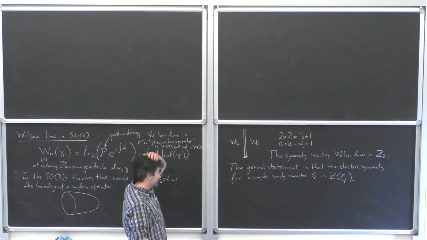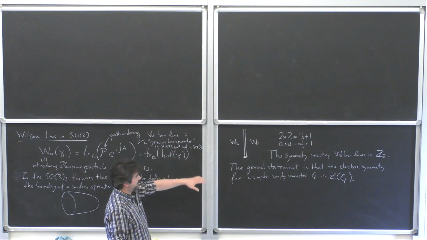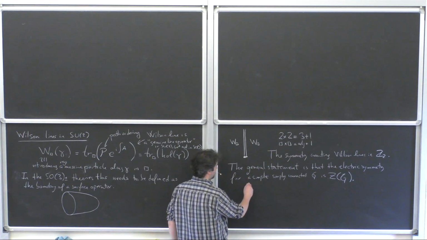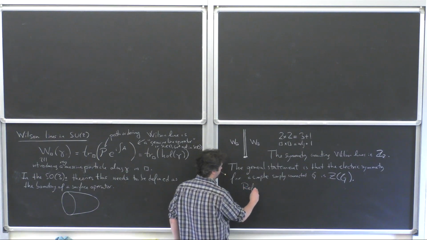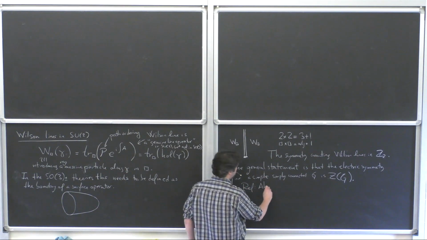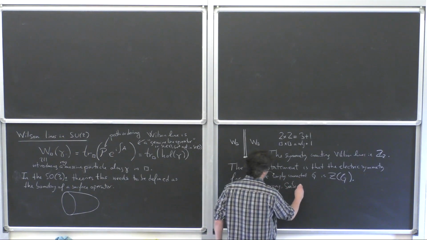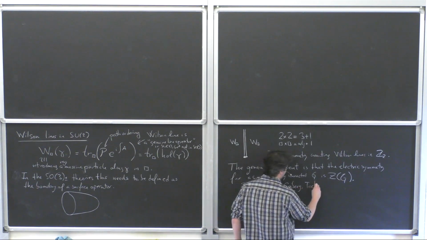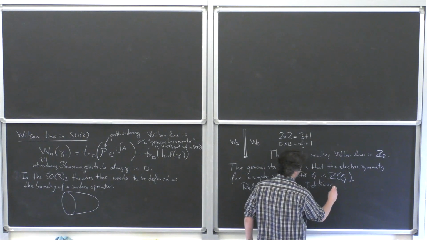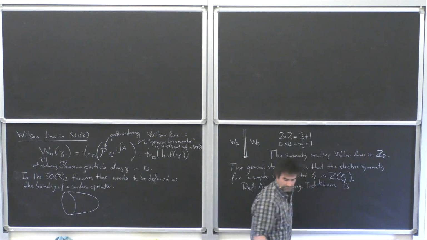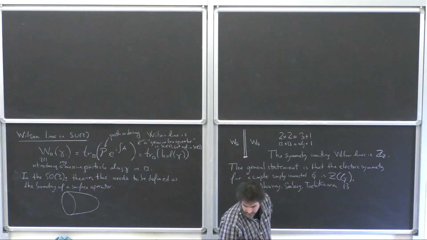So if you want to see a proof of this in a physical way, a rather nice paper that you can look at is the paper by Aharony, Seiberg, and Tachikawa. It's called Reading Between the Lines, 1305.